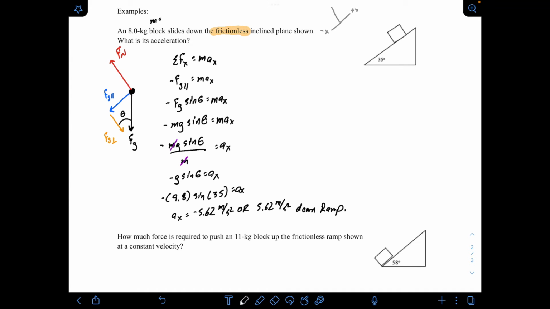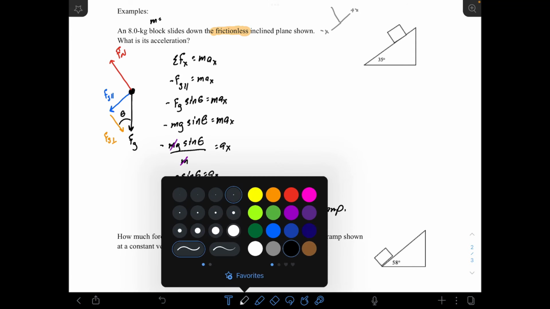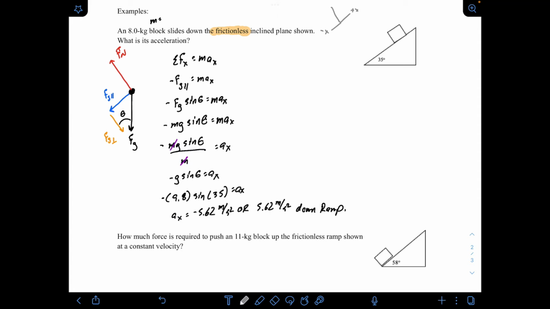Okay, so here we only had to analyze the x direction. Let's do a quick analysis of the y direction, okay? In the y direction, it looks like I have the Fn going up. So Fy equals m ay. For our problems, the assumption is the acceleration in the y direction is going to be 0. So that's an assumption we can always make.